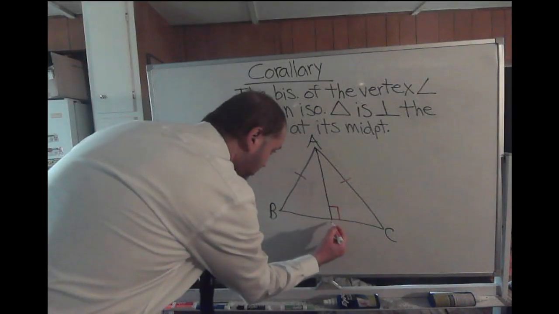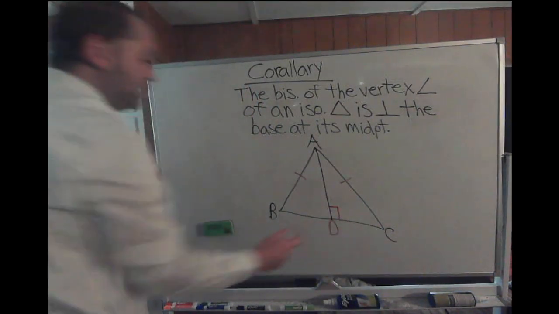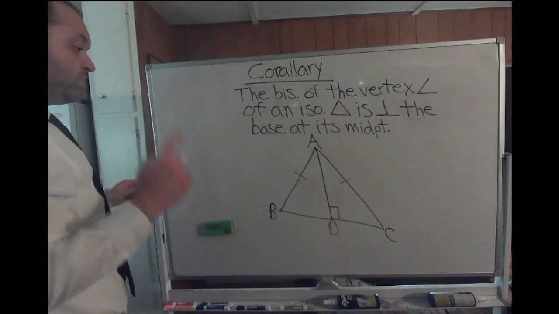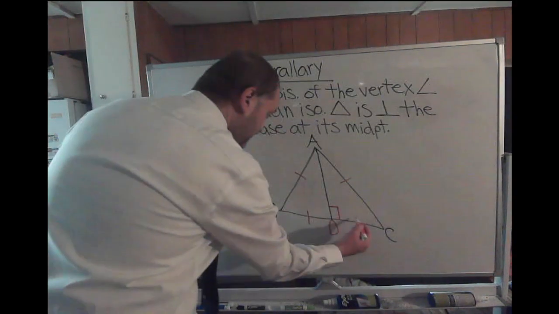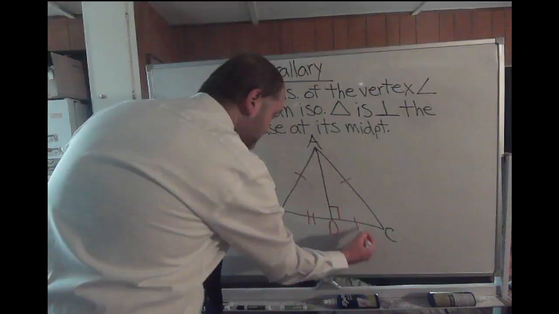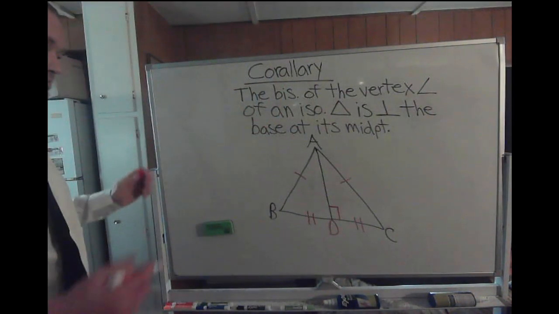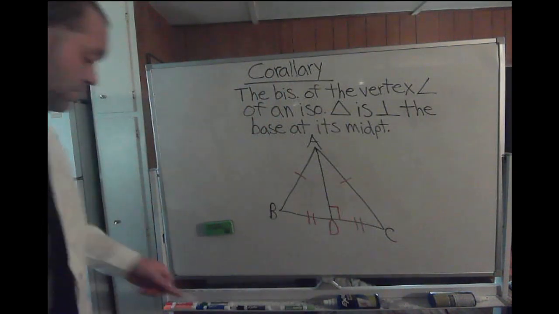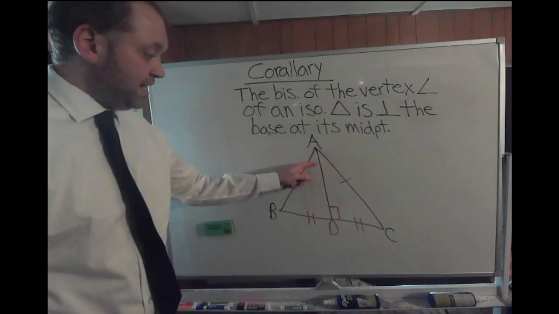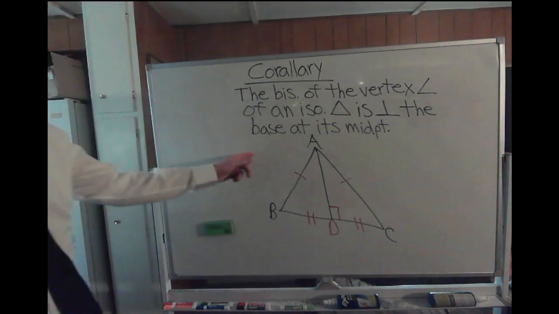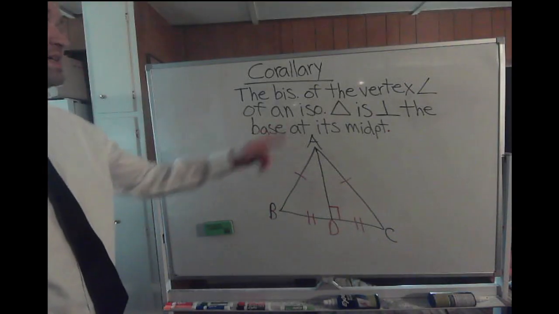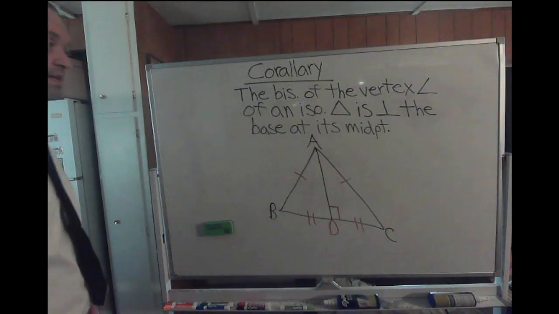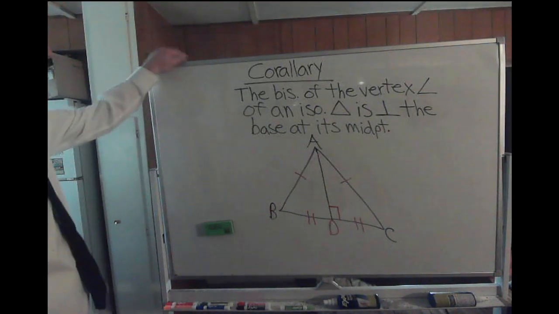We'll call this midpoint D. So what you can deduce from that is that BD would be congruent to CD, and that AD is perpendicular to BC. That's what this would mean. So the bisector of the vertex angle of an isosceles triangle is perpendicular to the base at its midpoint.